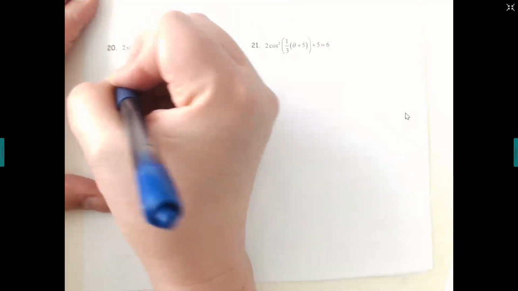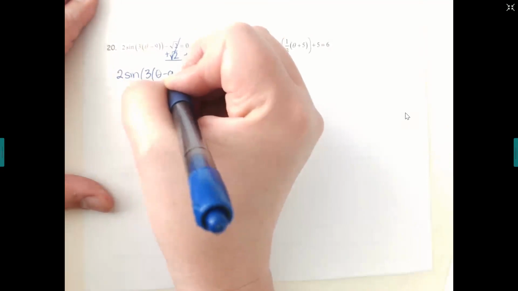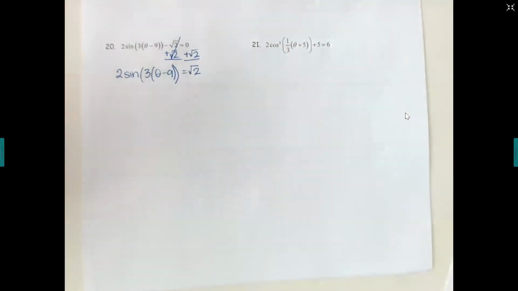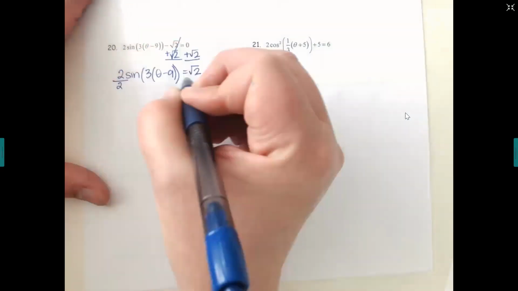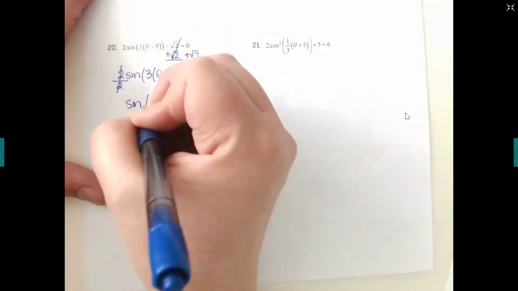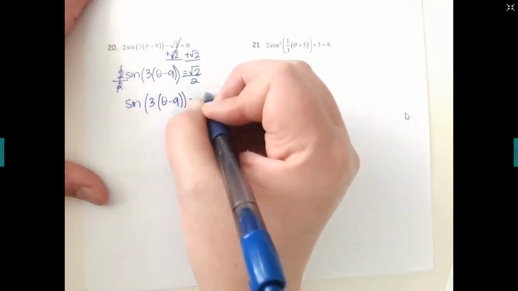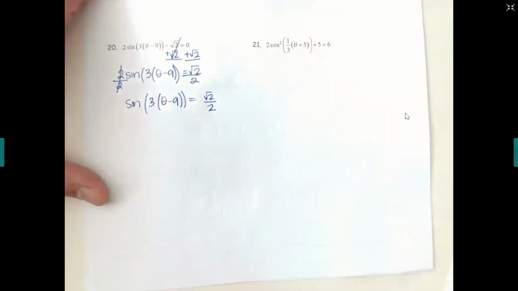So I have 2 sine 3 theta minus 9 equals root 2. Okay, take a guess. What's my next step? Very good, divide by 2. So then I have sine 3 theta minus 9 equals root 2 over 2.